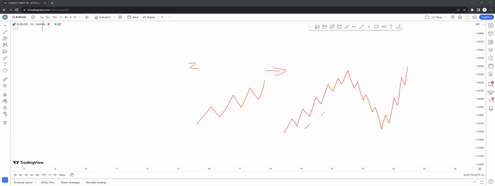We will have a bullish one, let's say on the 4-hour time frame. So that will be the 4-hour, and this example will be, let's say, the 15-minute.